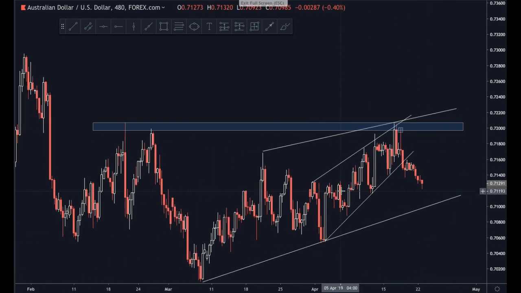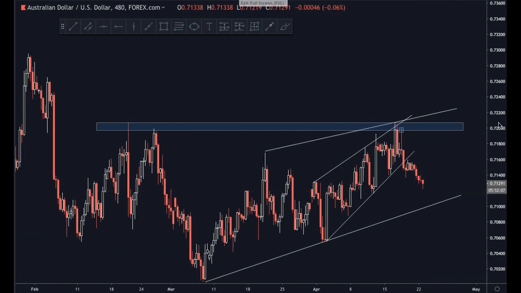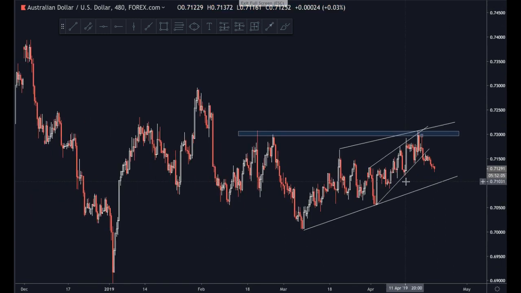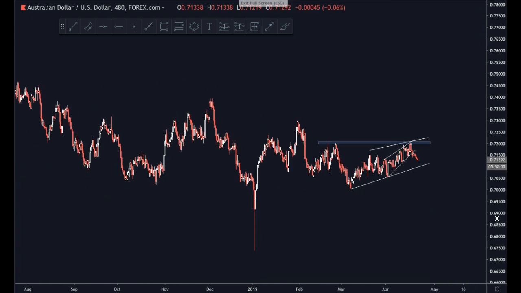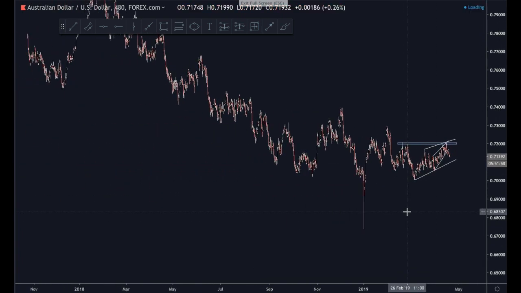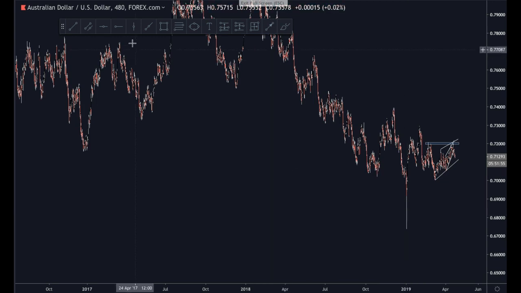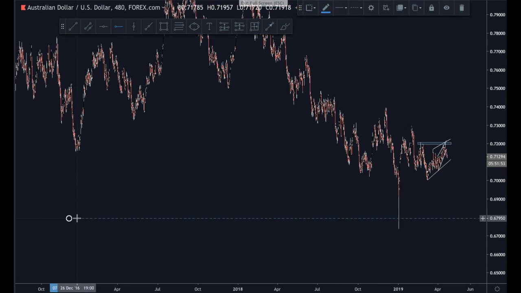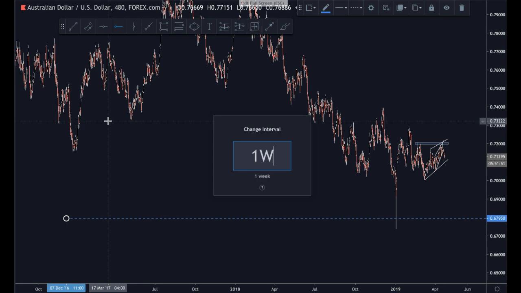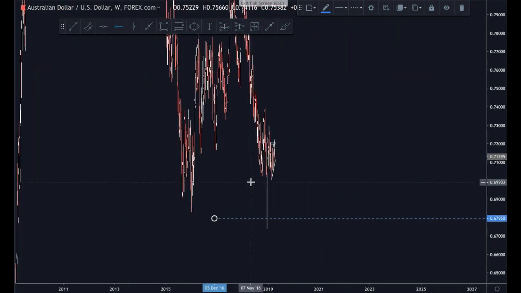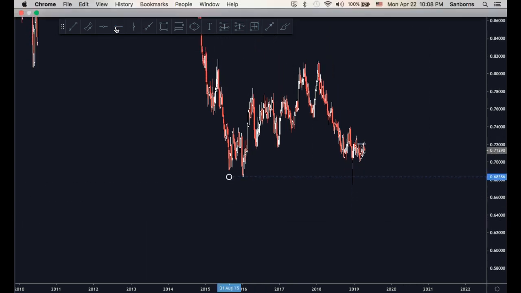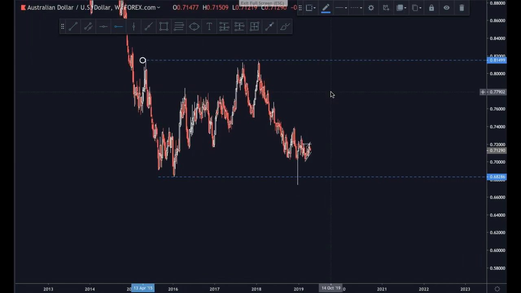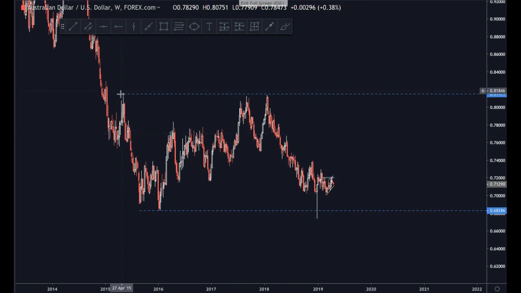I'm not looking to hold this much longer. I'm going to let price dictate what it wants to do and reevaluate as price progresses, because you can see it is coming off of, if you go out to the higher time frame weekly chart, a potential double bottom situation here, and just create your boundaries there.